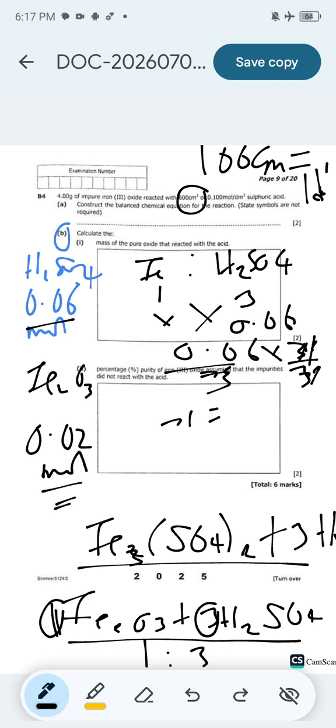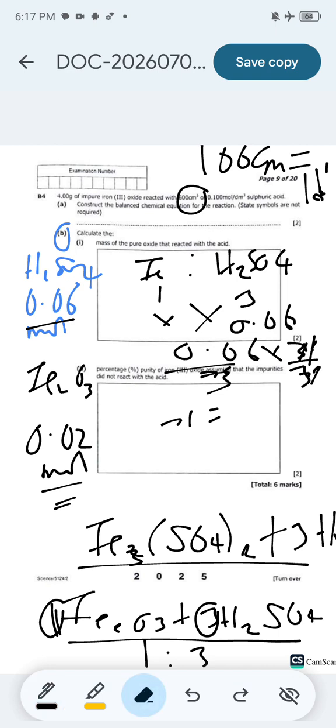So now you have the number of moles for iron 3 oxide. But what we are looking at is the mass of iron oxide. So you can now find the molar mass of iron 3 oxide.